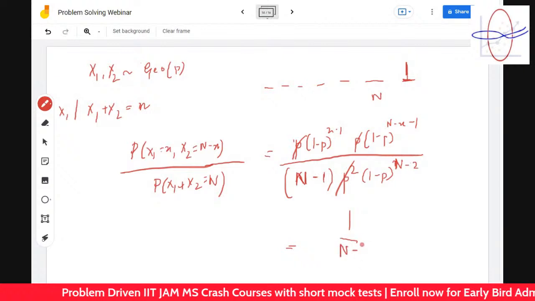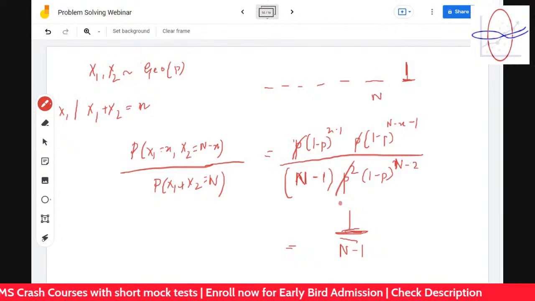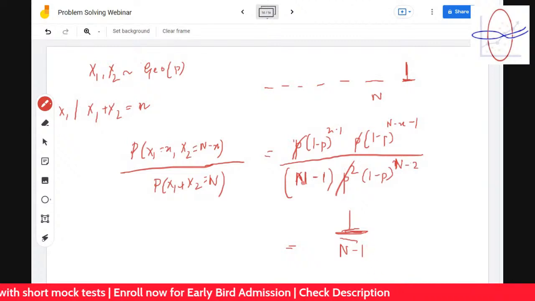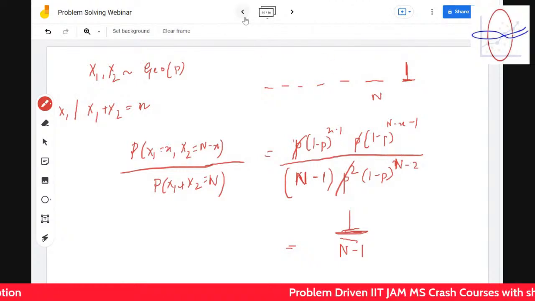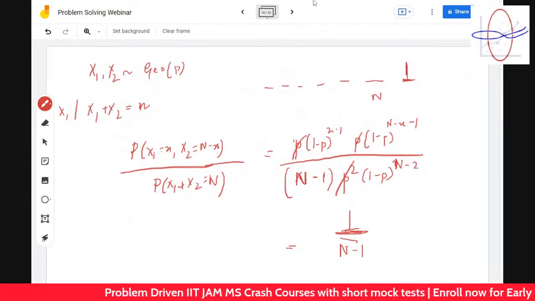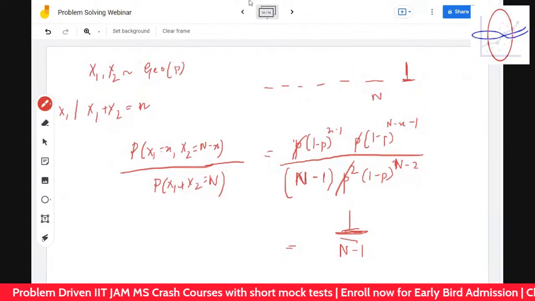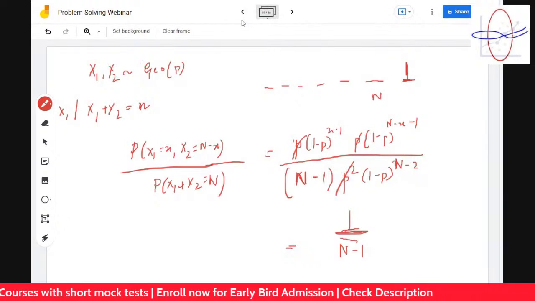It's uniform. Because x1 starts from 1. This is interesting. It's uniform. It's not binomial.